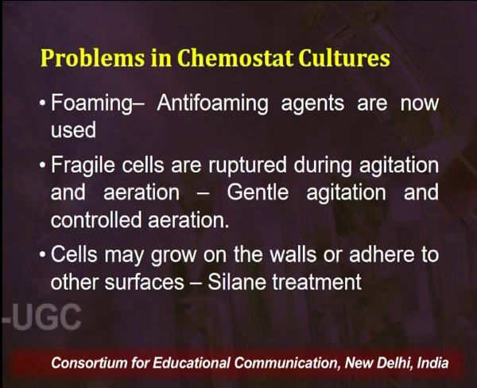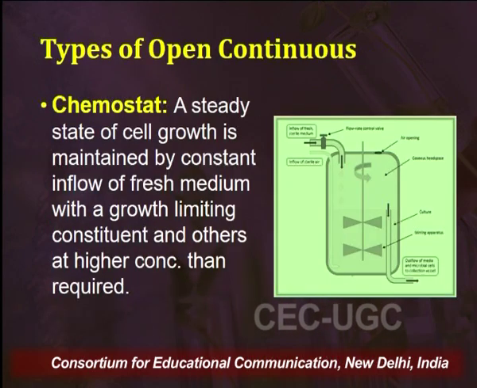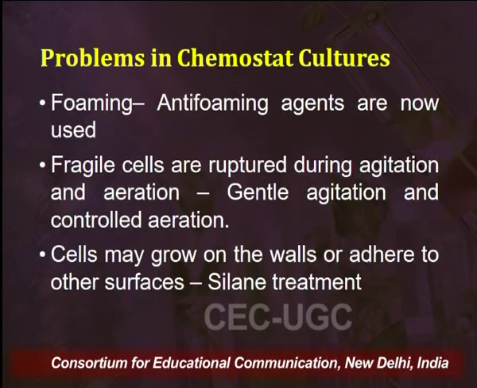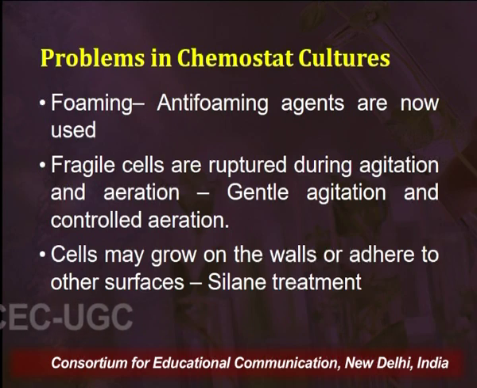Then, since agitation is going on, as you can see in the diagram, there is a paddle rotator. So this kind of agitation or stirring is there in chemostat type of open cultures. Such agitation can cause damage to the fragile cells.